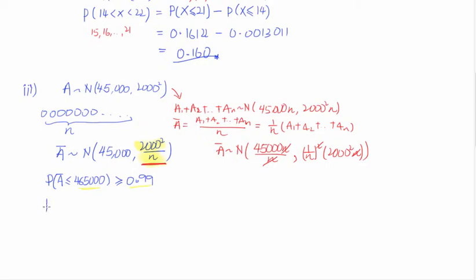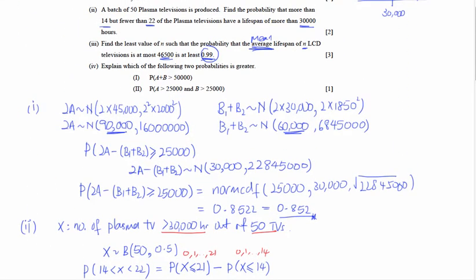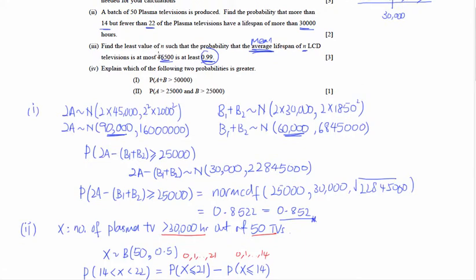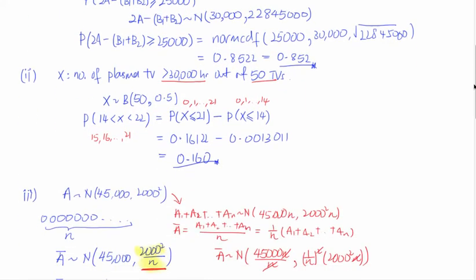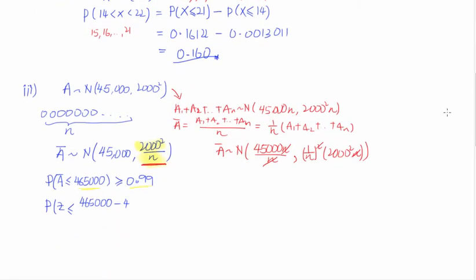So standardizing, this becomes z, and of course this becomes 46,000. Sorry, 450 whatever. Minus away 4. Hold on, this is 465,000. Am I right or no? Oh, I'm so sorry, it's 46,000. One more zero. There you go. 46,000, not 450,000.